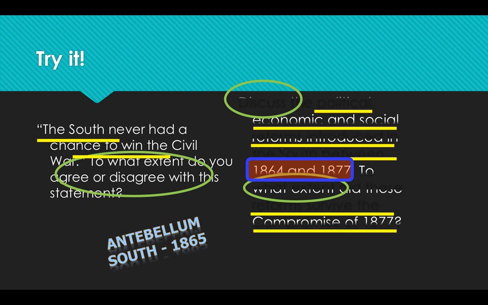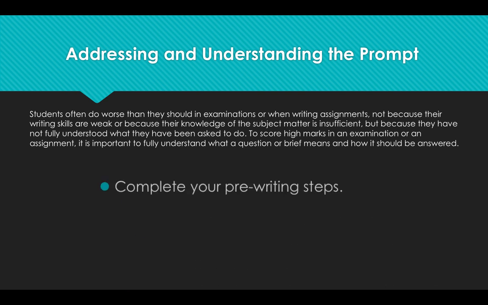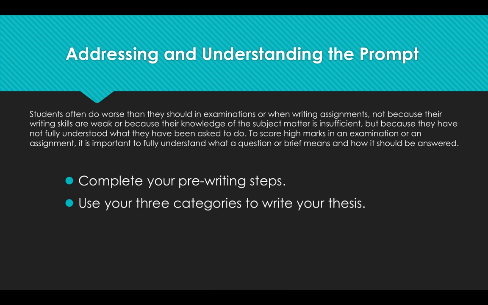From there we go. You then want to complete your pre-writing steps, which is what we went over on Friday. So you want to make sure that you brainstorm all of those pieces that could possibly go with that question. You want to then organize those into your 3 topics.